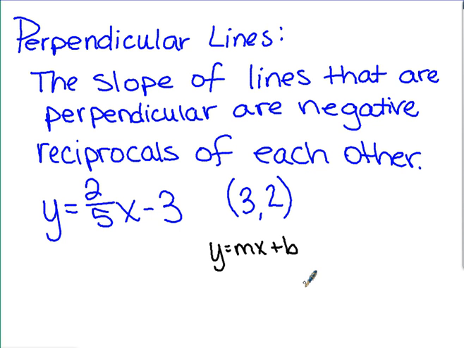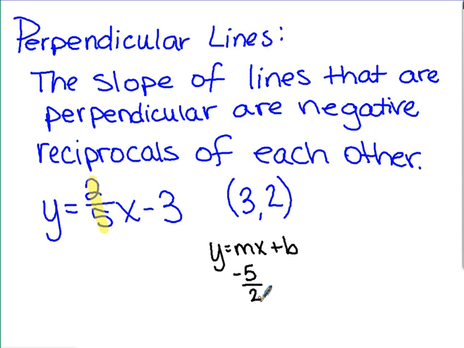The slope of our new line is going to be the negative reciprocal of 2/5, which is negative 5/2. That is the slope of our new perpendicular line. It's the opposite reciprocal, or the negative reciprocal.